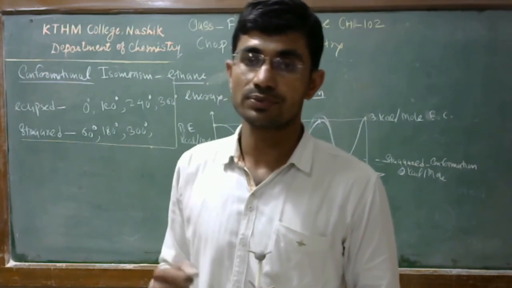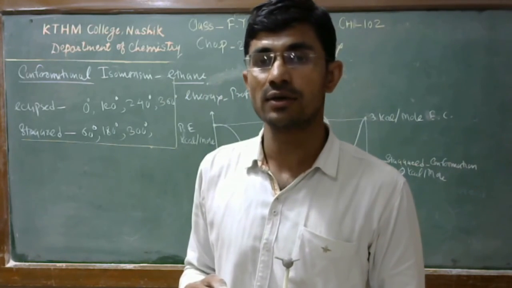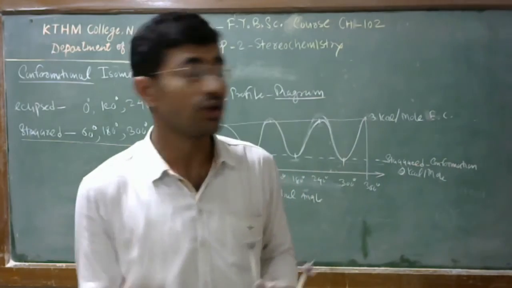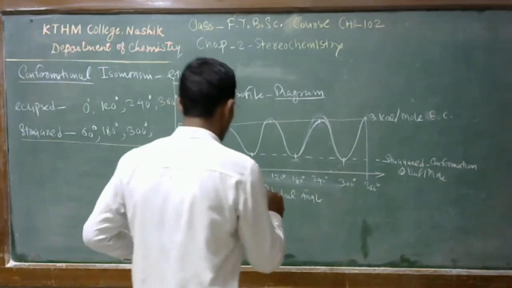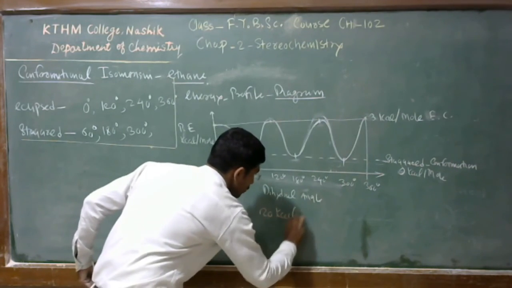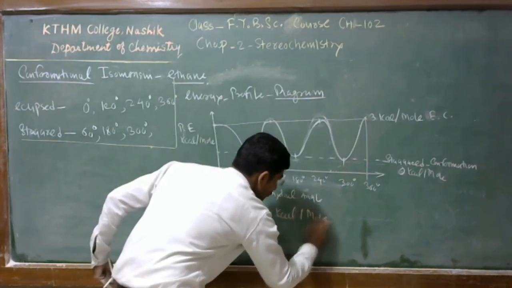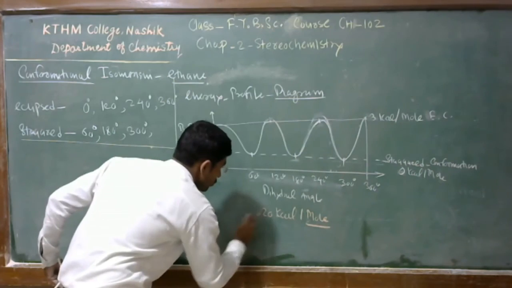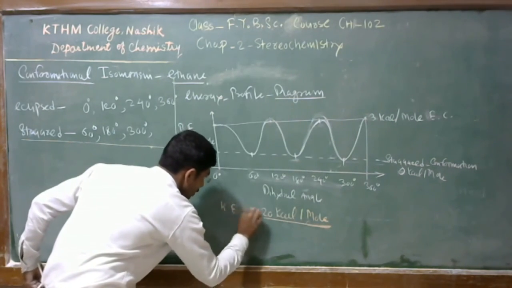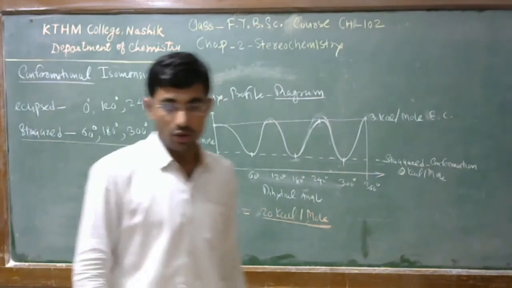And also we can conclude that the kinetic energy of the molecule is always around 20 kilocalorie per mole. How much? Kinetic energy of the molecule is 20 kilocalorie per mole. This much kinetic energy we can observe for any molecule.